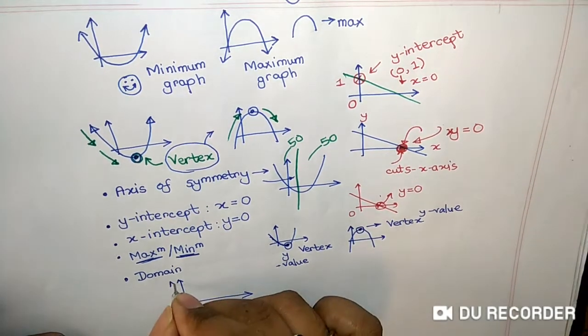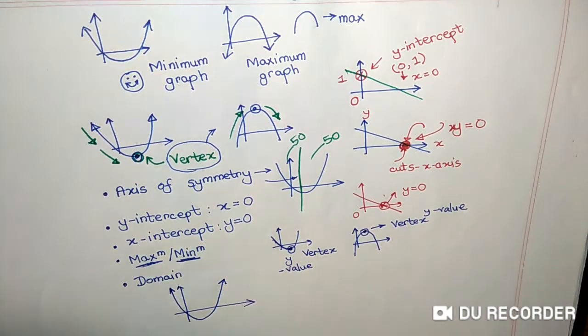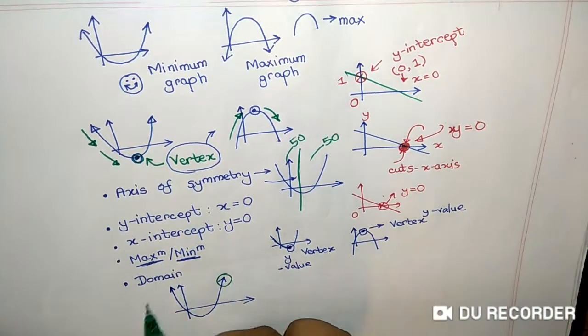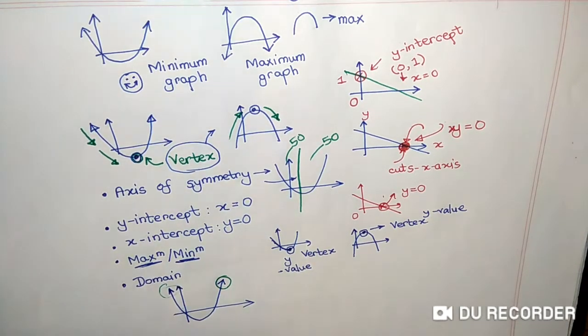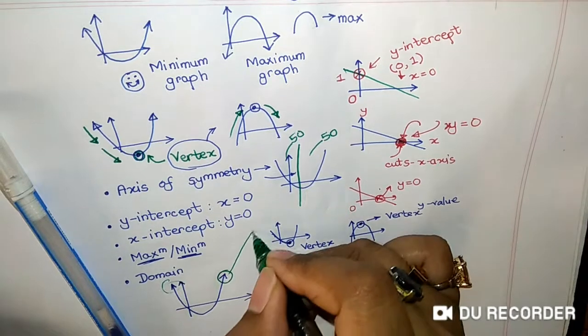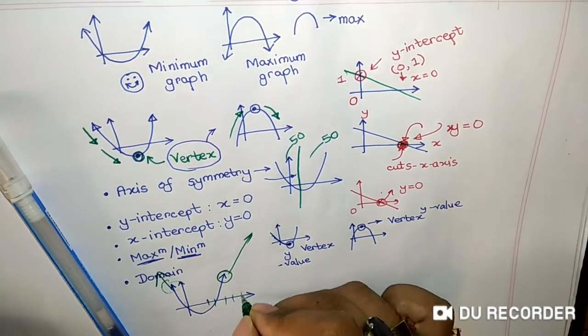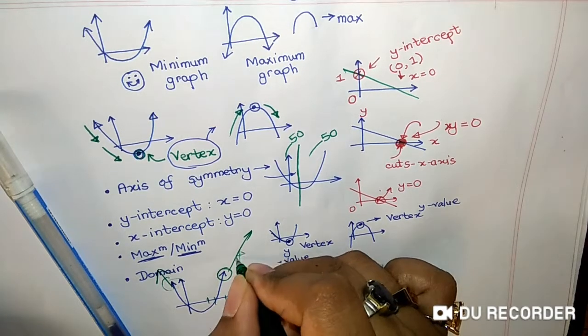If you observe the quadratic graphs very well, you will always see that there are two arrows. May it be a maximum graph or a minimum graph, it means that the graph is going to continue forever. So no matter what your value of x is, you always have a value of y.